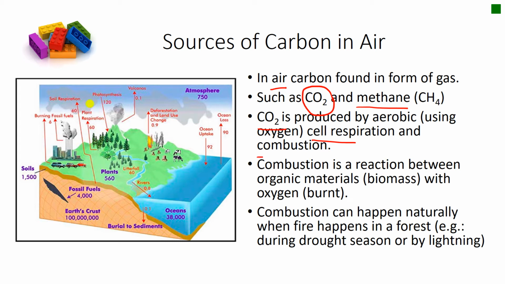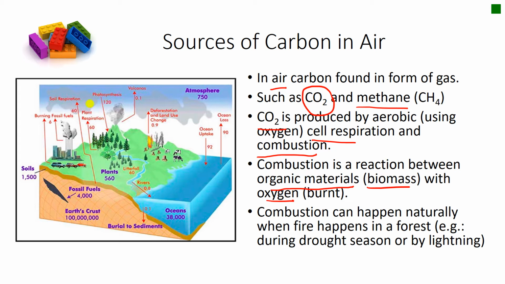The other source of carbon dioxide is combustion. What is combustion? Combustion is a reaction between organic materials such as wood, or we call it biomass, with oxygen. In daily life we call it a burning reaction. A paper can get burned and then carbon dioxide will be released.